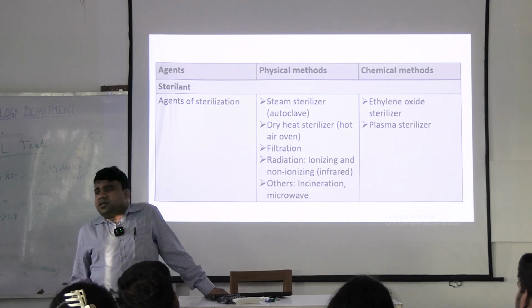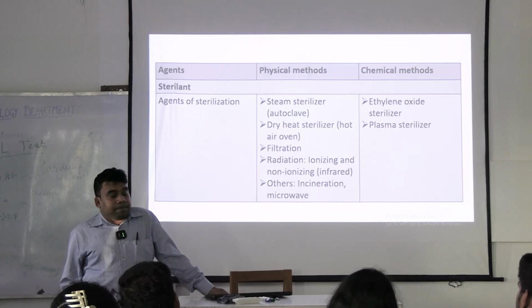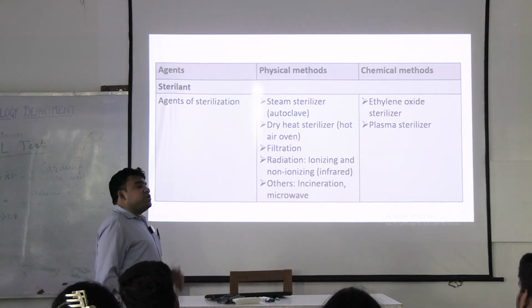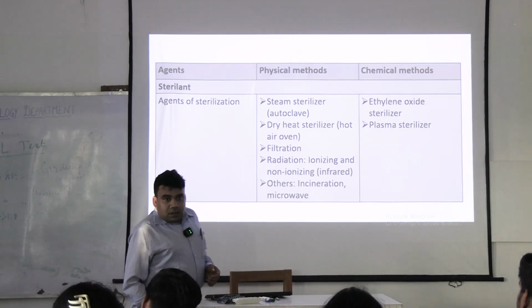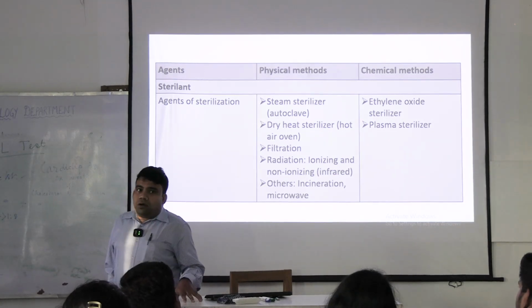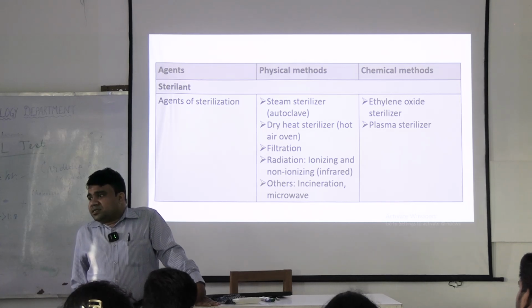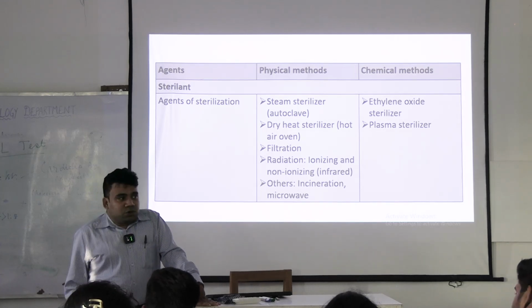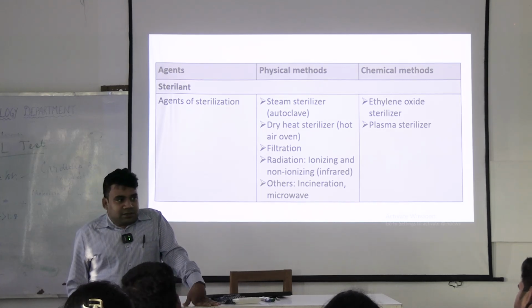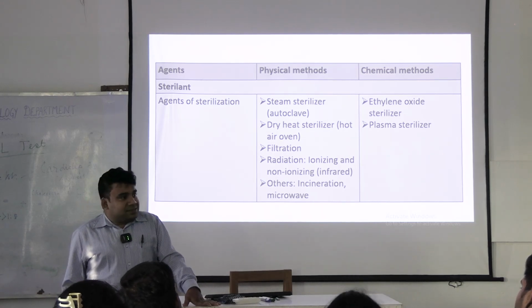When we say dry heat, that means there is no water or steam, it is only heating. The third would be filtration. So, filtration can be done on two mediums only, that is a liquid and gaseous medium. You cannot filter a solid object, right? So, filtration will be useful only in case of liquids and gases.